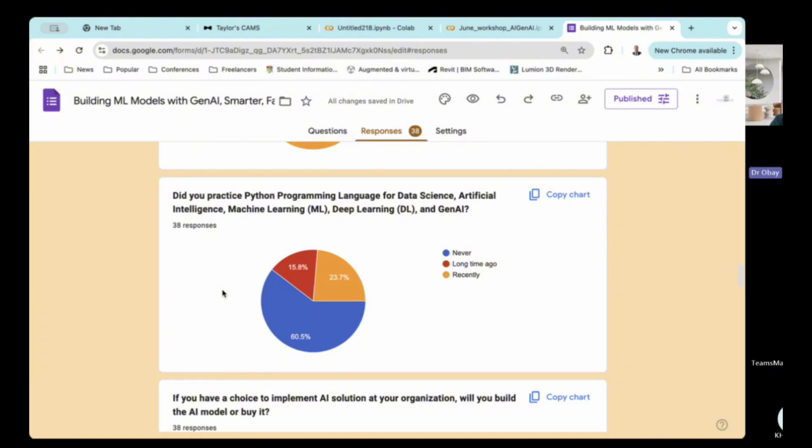We are focusing on Python because it is considered the most powerful programming language, the easiest and the most user-friendly for everyone to learn and to master.